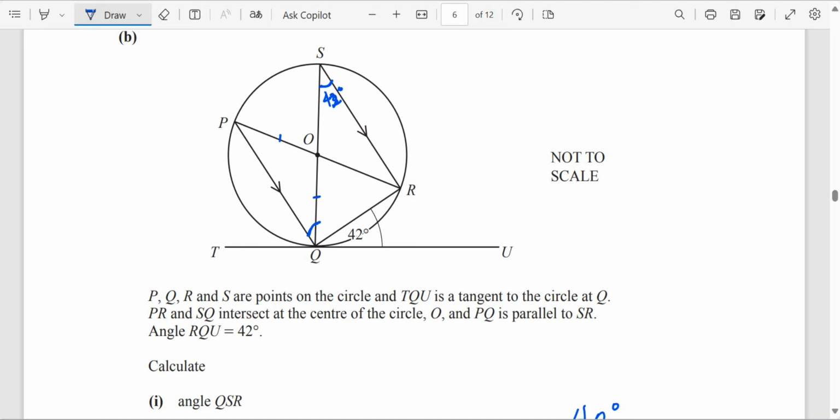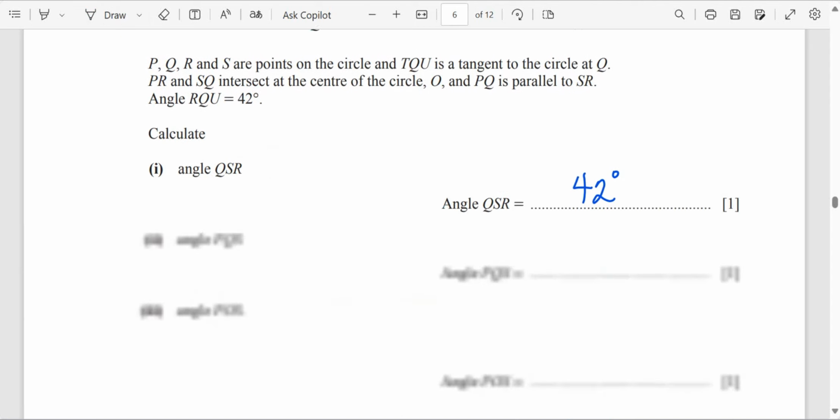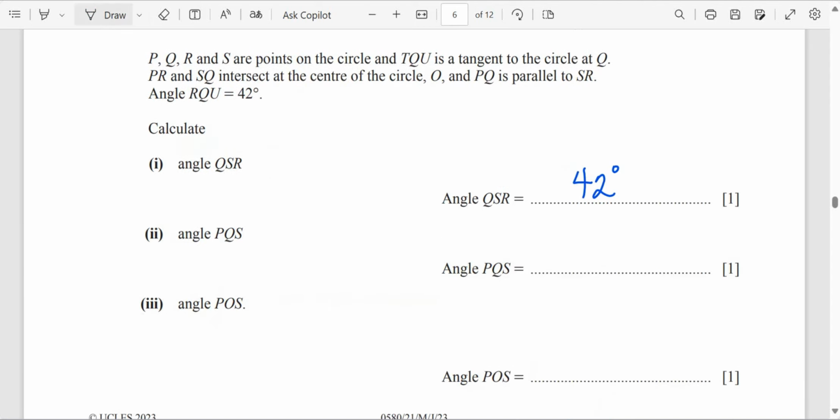This is also a radius. So this here too is a radius. This angle here is 42 degrees. Why? Angles in the same segment, and this is also going to give me 42 degrees because it's the base angle of an isosceles triangle. So angle PQS is also 42.